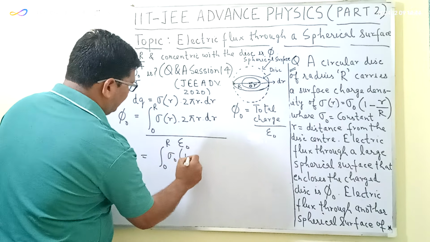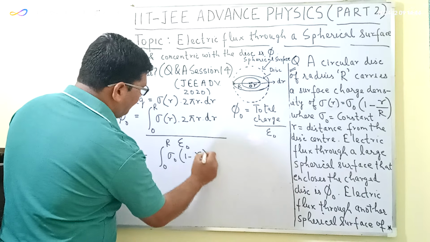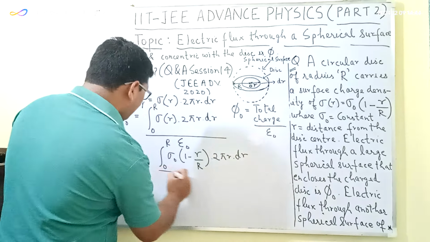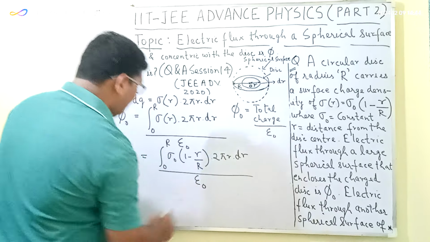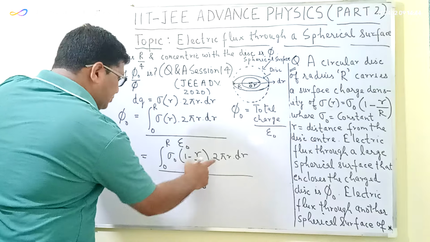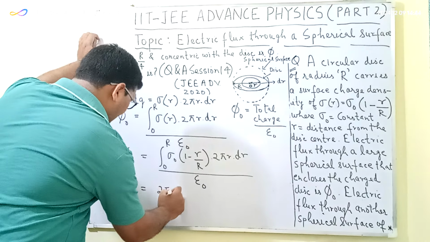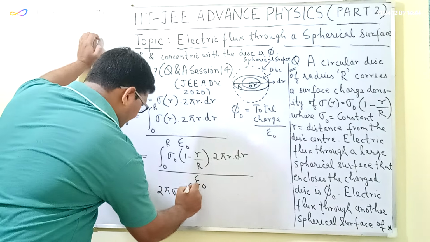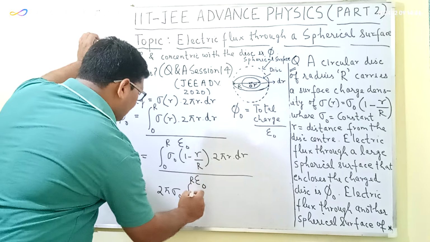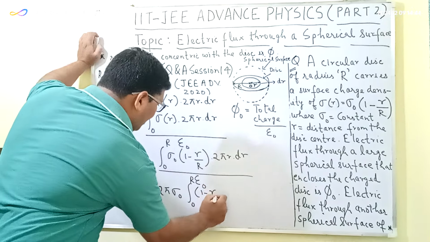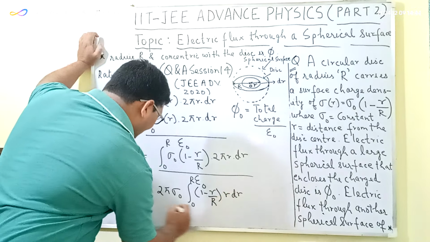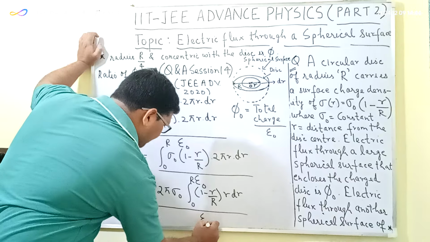On solving this, 2 pi and sigma naught can be taken outside, and I will be getting this equation as 2 pi sigma naught integral of 1 minus r upon R, r dr divided by epsilon naught.